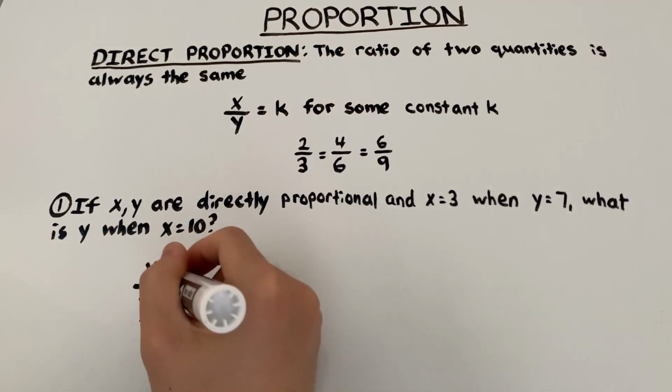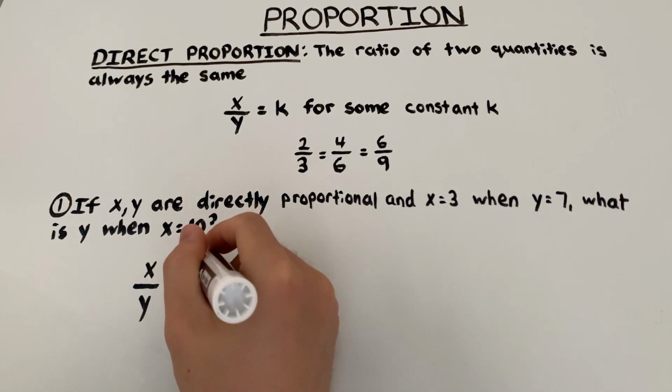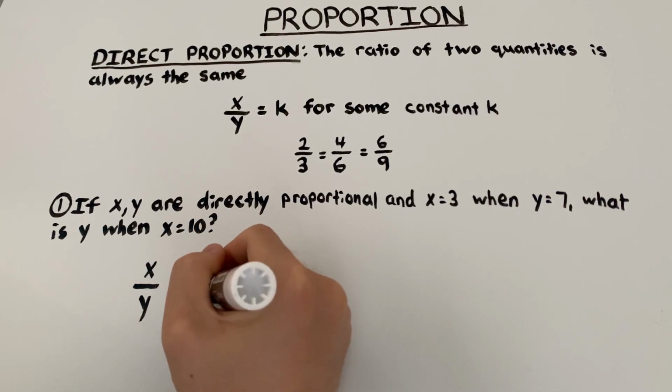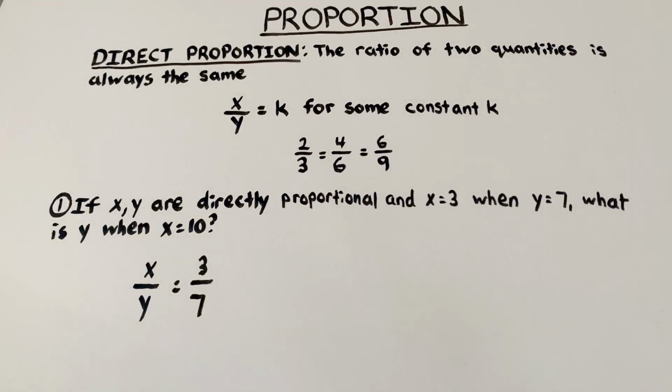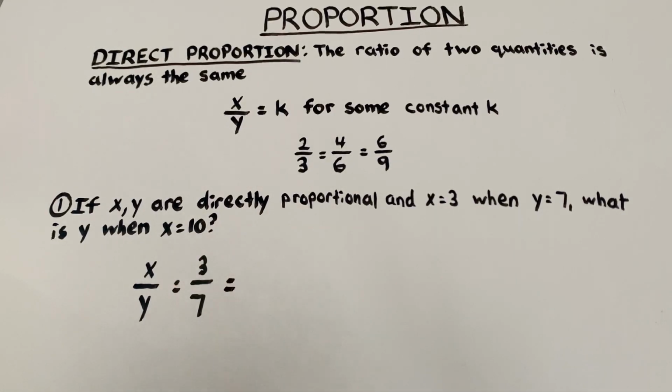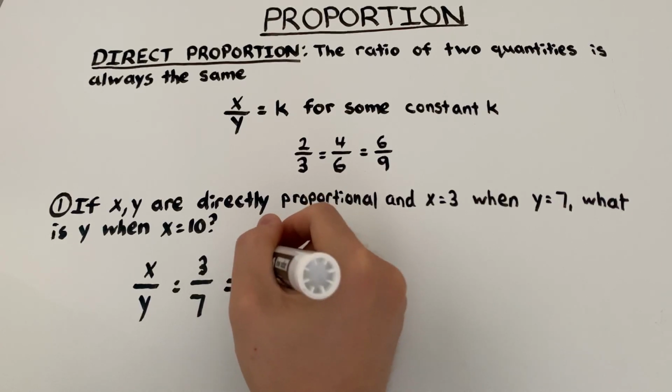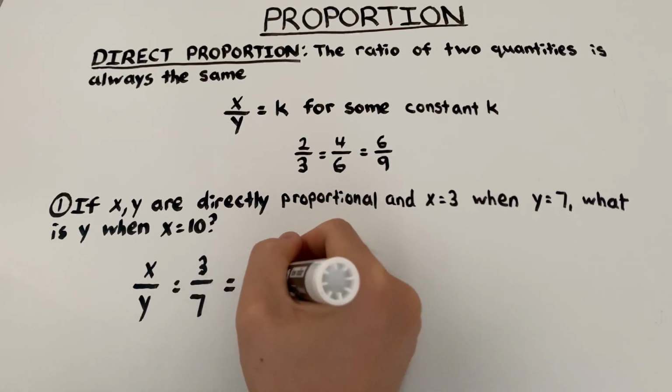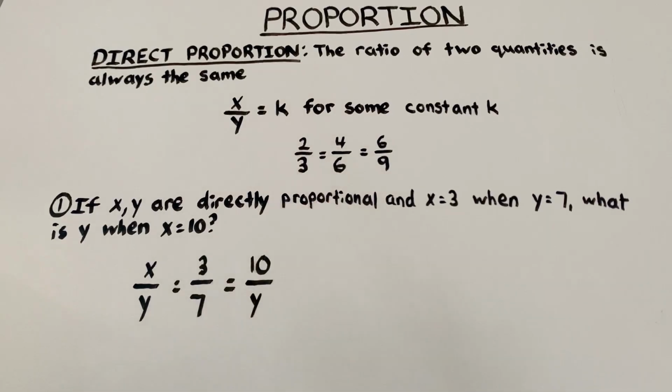So we're given that x equals 3 when y equals 7. And we're asked to find y when x equals 10. So if x equals 10, this is a 10, and we're trying to find the corresponding y. So all we need to do now is solve for y, because we know 3 over 7 equals 10 over y.